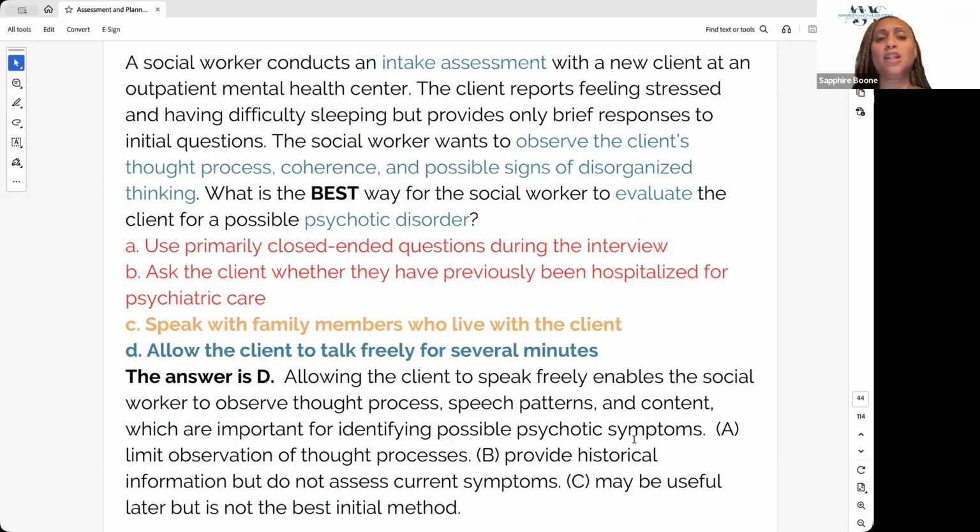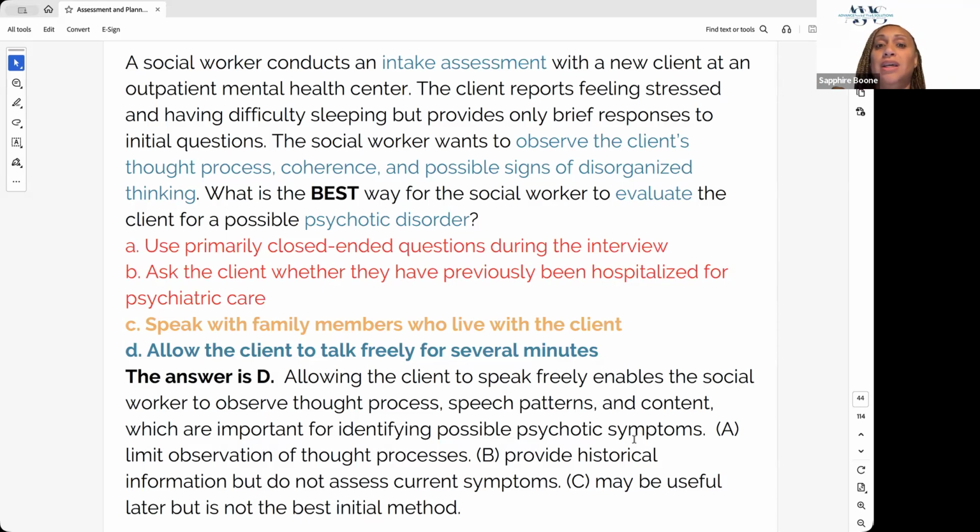Using primarily closed-ended questions, like yes or no, might be good if we already knew that they had schizophrenia and we knew that they had disorganized thinking, then we might not want them to express themselves too much.